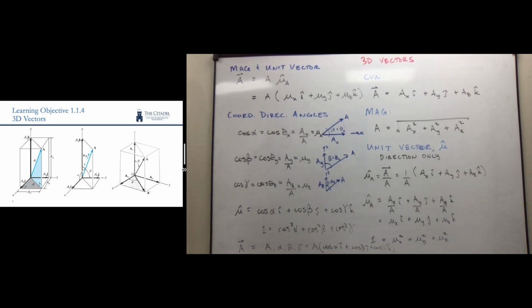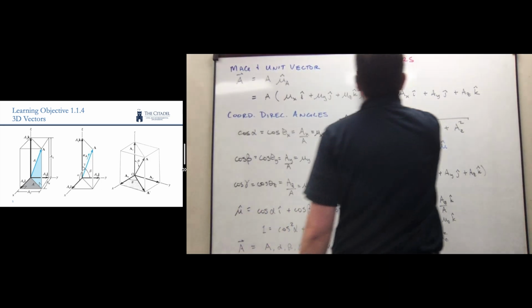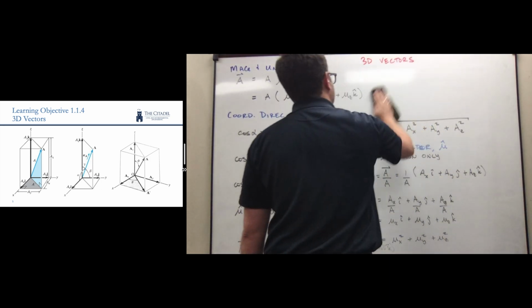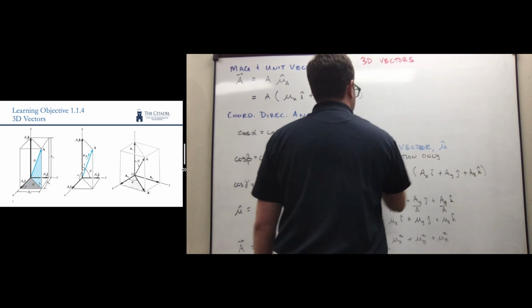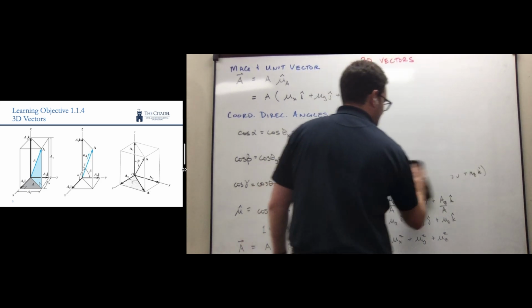So I have my Cartesian vector notation. I have my magnitude. I have my unit vector. For my unit vector, I've got my coordinate direction angles. Life feels good. Got one more term that we want to express. And so our last term that we want to express is transverse and azimuth.